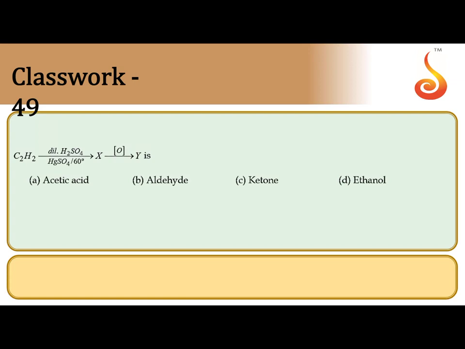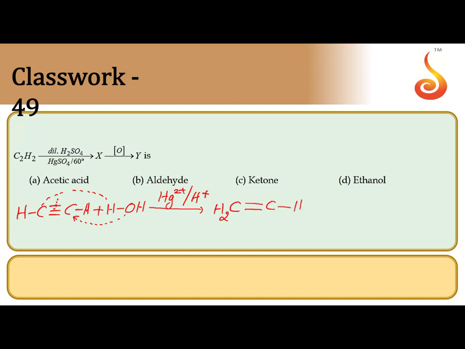It gives X. So first, let us find what X is. Acetylene undergoes hydration in the presence of acidified mercuric ions. H goes to one carbon, OH goes to the other carbon after breaking one pi bond. So the left side carbon becomes CH2 with a double bond, and the right side carbon takes the OH.